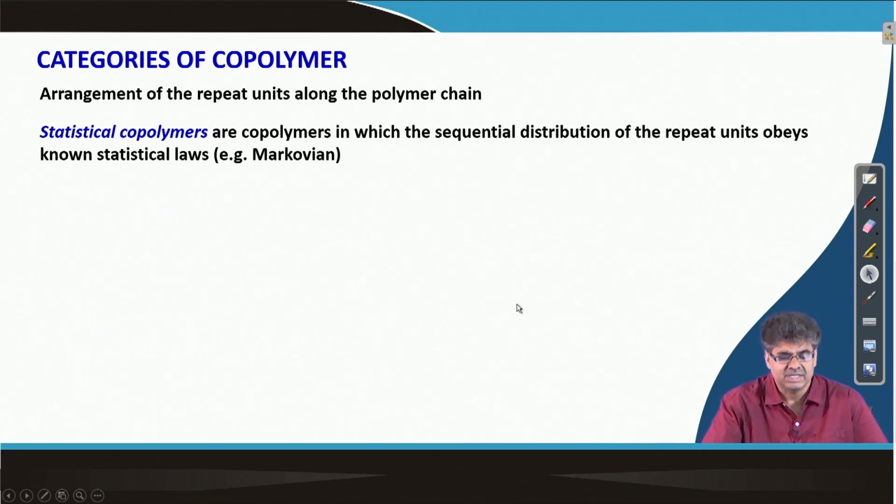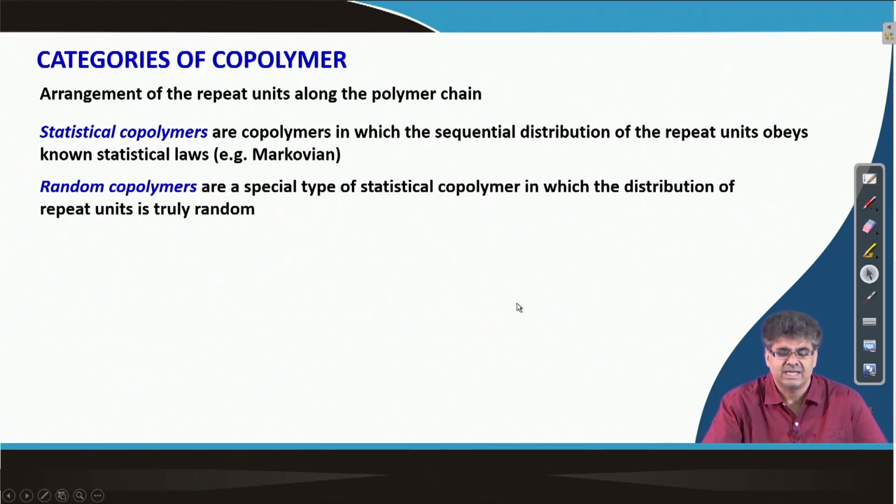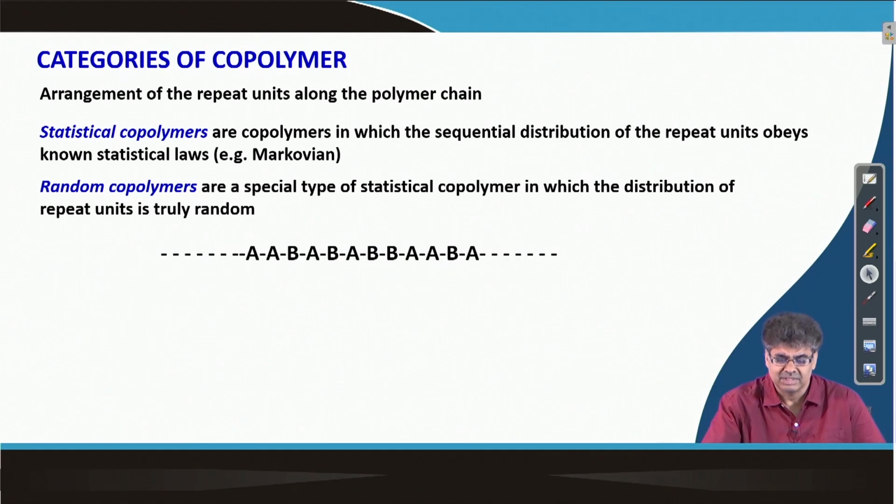One special case of statistical copolymer is the random copolymer, where the monomers are incorporated in the growing chain completely randomly, which is basically most cases when you talk about random statistical copolymer, we generally mean random copolymer. In this case, the monomers which are reacting and forming polymer are just incorporating randomly in the copolymer chain.